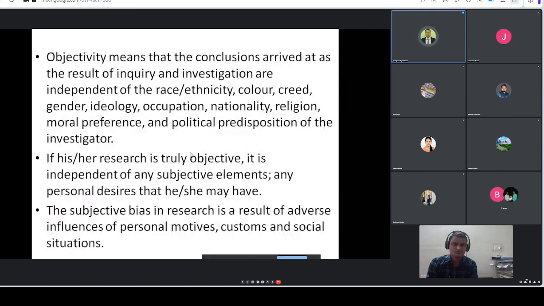This is what we all have to remember, that when we engage in any research in social science, it may be in sociology, it may be in public administration, it may be in political studies, or even in history, or any other, even in economics. We have to remember that the result of our study should not be motivated by our customs, or by our race or ethnicity or caste or creed, or even by our gender. It should not be influenced by all this.